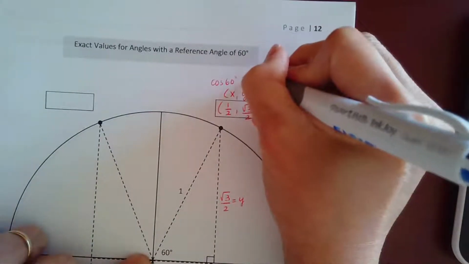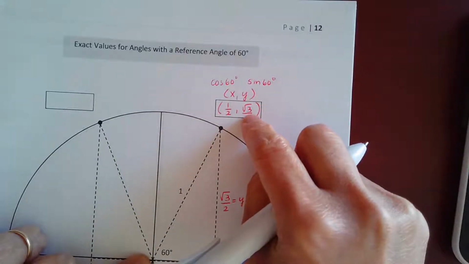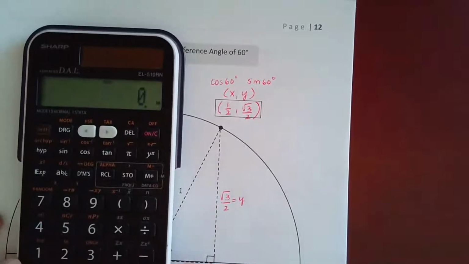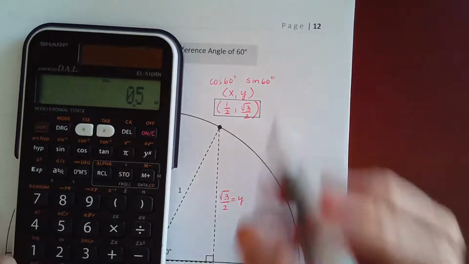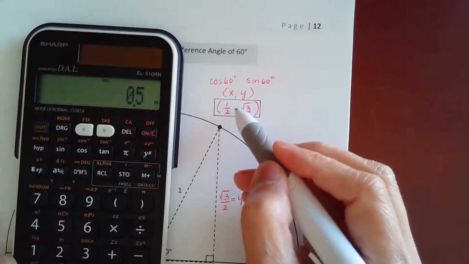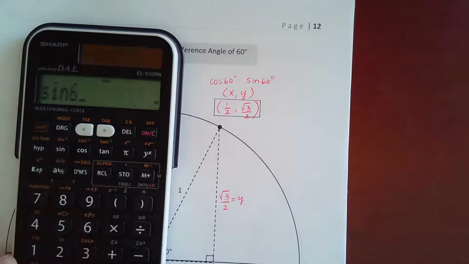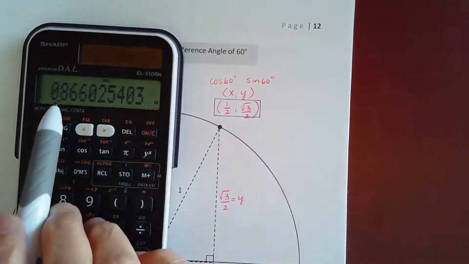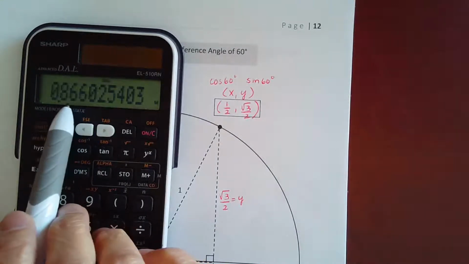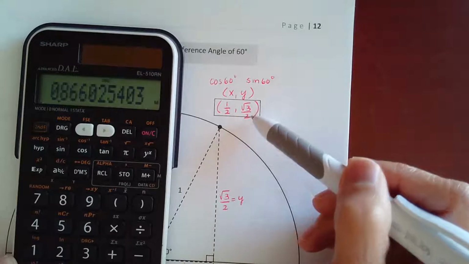And then the sine of 60 degrees is root 3 over 2. So try that on your calculator and see. Cos of 60 degrees is going to give us 0.5 because it's 1/2. And then sine of 60 degrees is going to give us a whole bunch of decimals, 0.866. Well, that's actually the value of root 3 over 2.